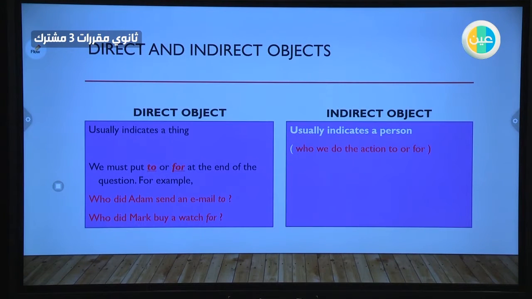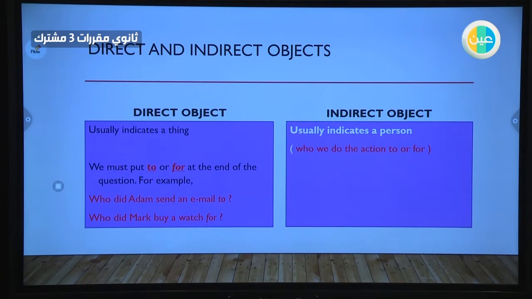Another grammar point in this unit is direct and indirect objects. Do you remember them? What did we say about direct objects? They usually refer to things, like book, chair, school. We must put to or for at the end of the question, for example, who did Adam send an email to?